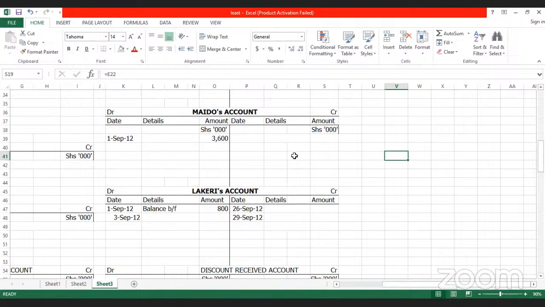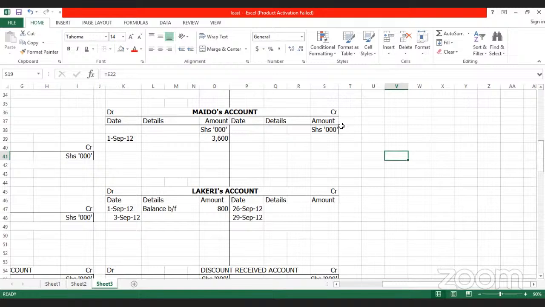Members, how would we record the credit sales? Which accounts are debited and which accounts are credited?